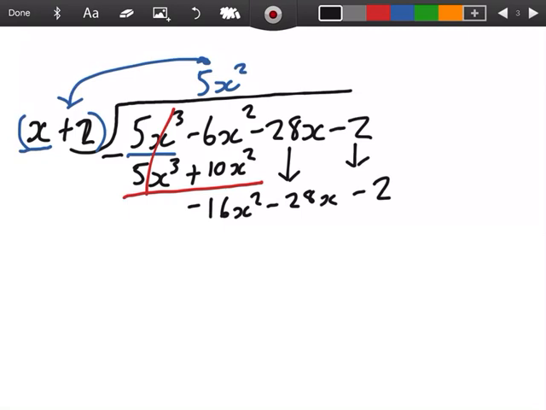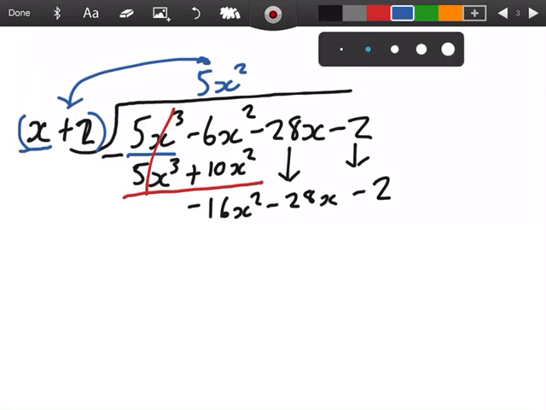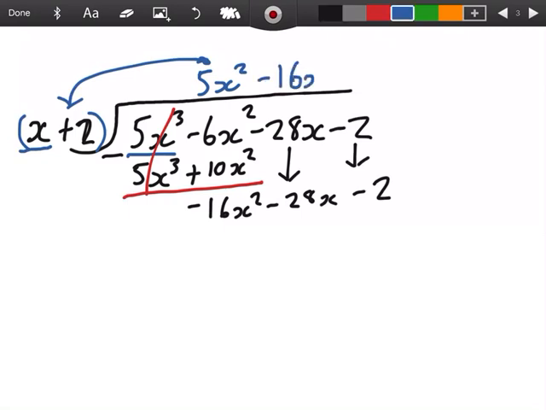So, negative 16x squared, x times by what gives negative 16x squared? The answer is negative 16x. So negative 16x. And then we times by the whole brackets again, right here.